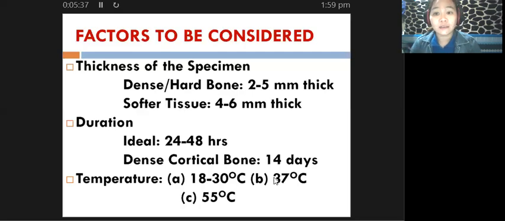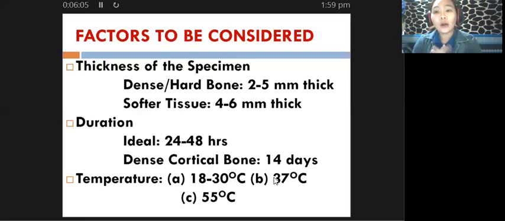In decalcification, the range of room temperature is 18 to 30 degrees Celsius. When I was discussing fixation, I mentioned that the room temperature is 20 to 22 degrees Celsius, but in decalcification, it is 18 to 30 degrees Celsius.